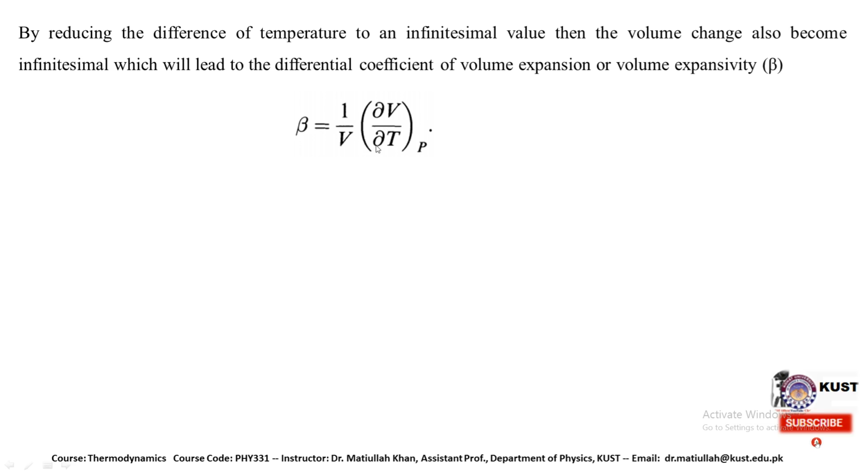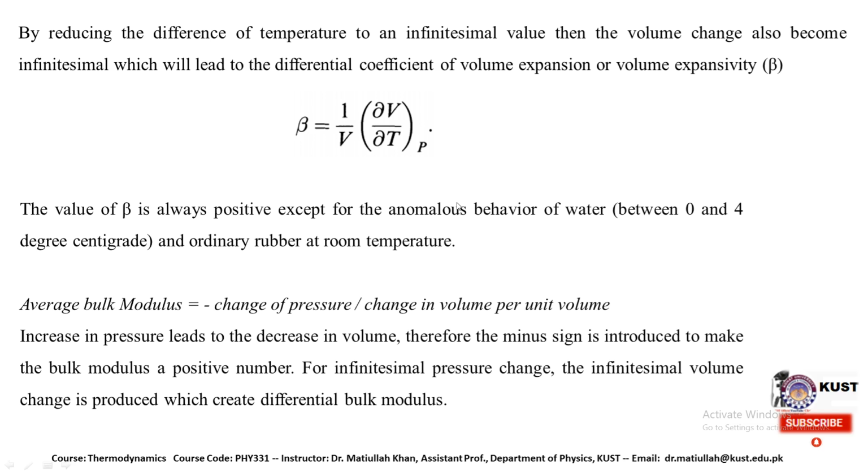So beta is equal to 1 over V, change in the volume with respect to temperature when the pressure is kept constant. This has an interesting physical meaning, and that is called volume expansivity.